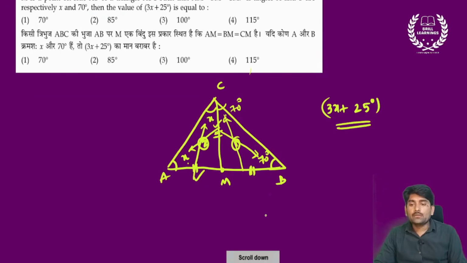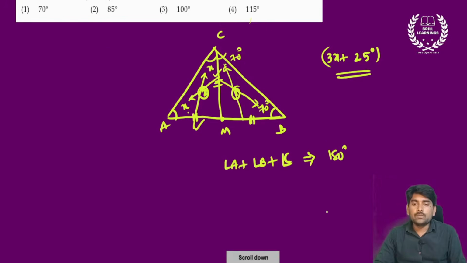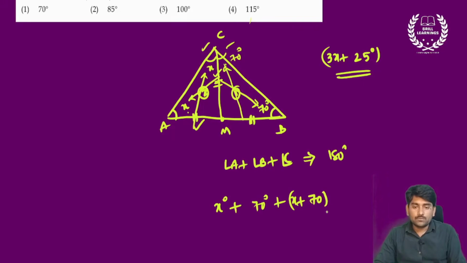Now angle A plus angle B plus angle C should be equal to 180 degrees. What is angle A? x degrees. Angle B is 70 degrees. Angle C is x plus 70. So x plus x plus 70 plus 70 should be equal to 180.